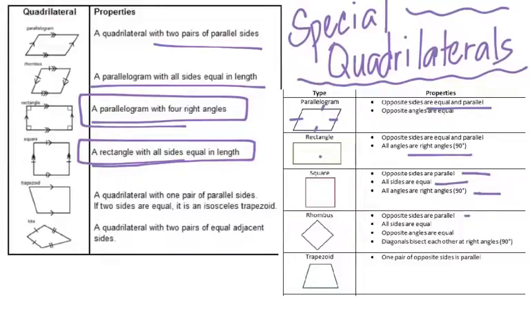Okay, so the opposite sides are parallel, all the sides are equal, opposite angles are equal, and diagonals bisect each other at right angles. So when you draw a line, you see how it intersects at 90-degree angles. You will notice the same thing in a square. So that is something to keep in mind.